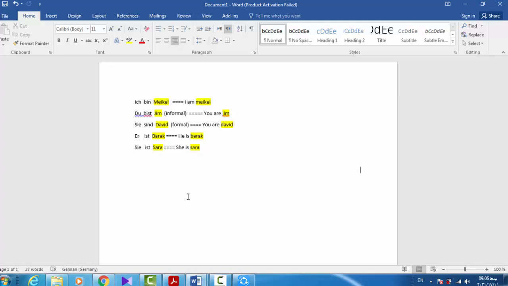The verb to be for I, for myself, is am, for yourself is are, and for somebody else is is. But in the German language, this verb is different, and also the subject.